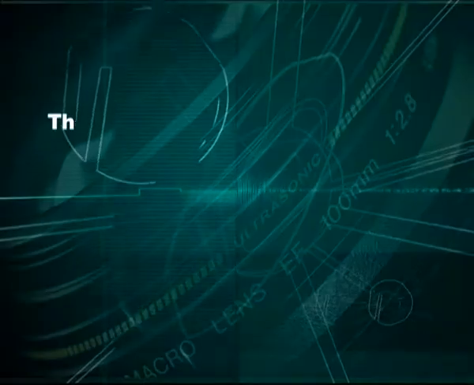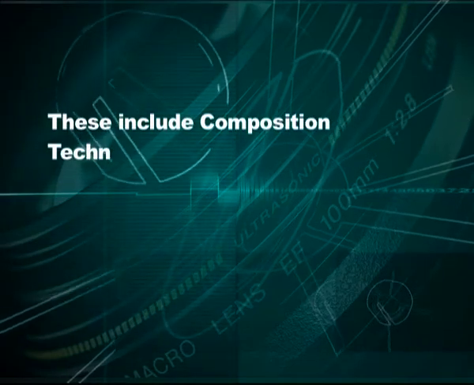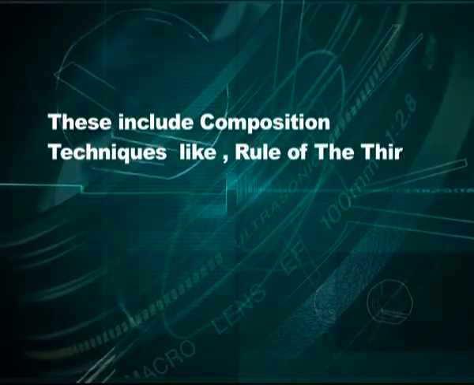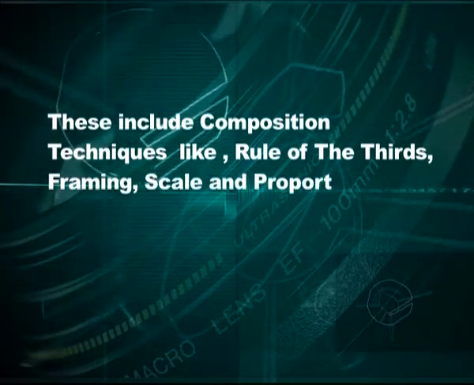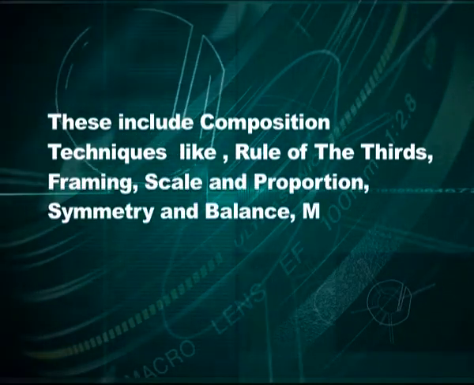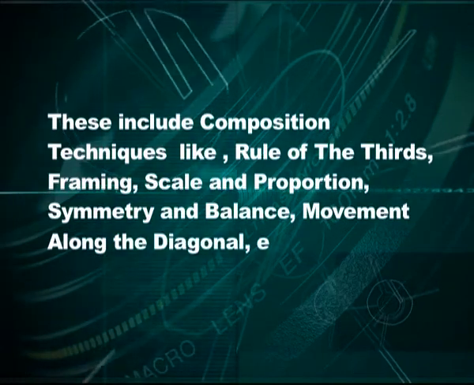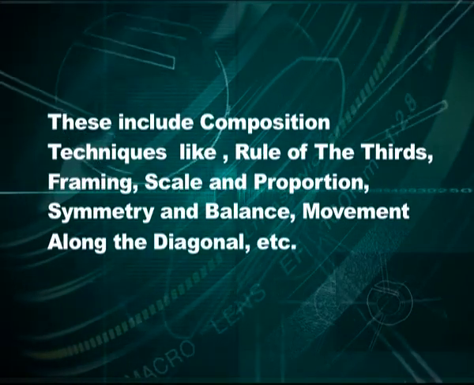Another important component of a photographer's skills is composition. The photographers over the years have developed techniques that help in picture composition. These include composition techniques like the rule of thirds, framing, scale and proportion, symmetry and balance, movement along the diagonal, etc. The photographers have also learned how to use light to produce magical effects.